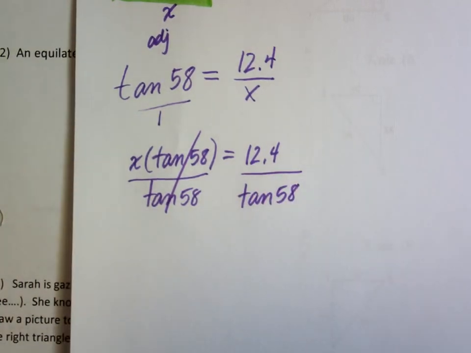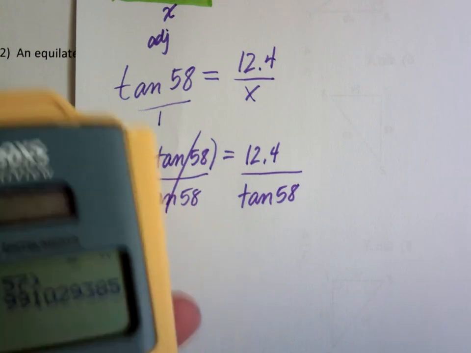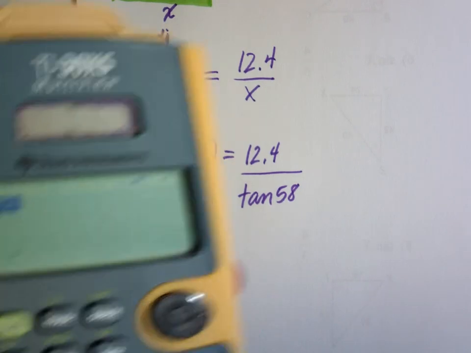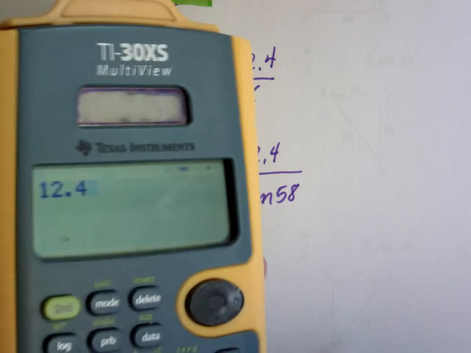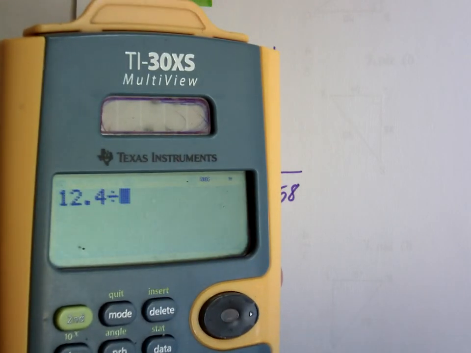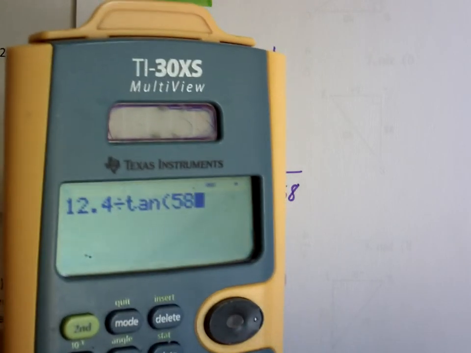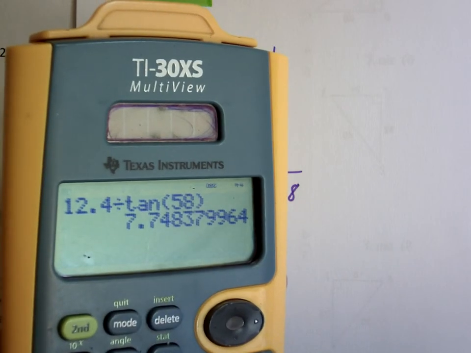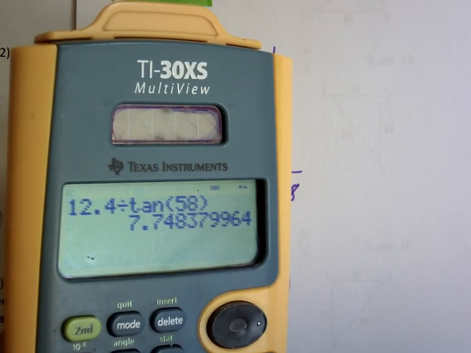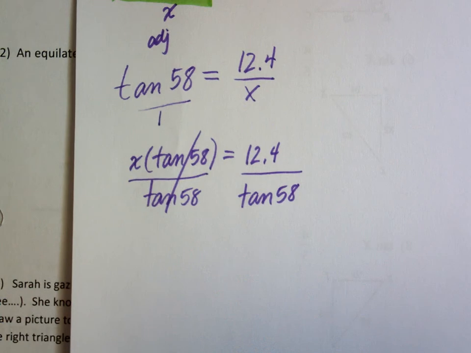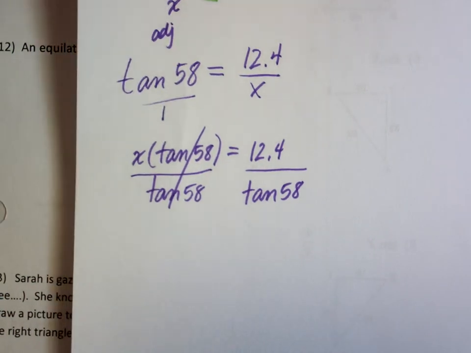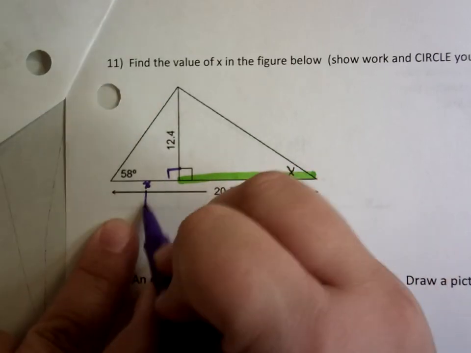And now x is alone, and that tells me what to put in my calculator. So 12.4 over tan 58 means 12.4 divided by tan 58. I get 7.748. Let's call that 7.7. Okay, so this right here is 7.7.